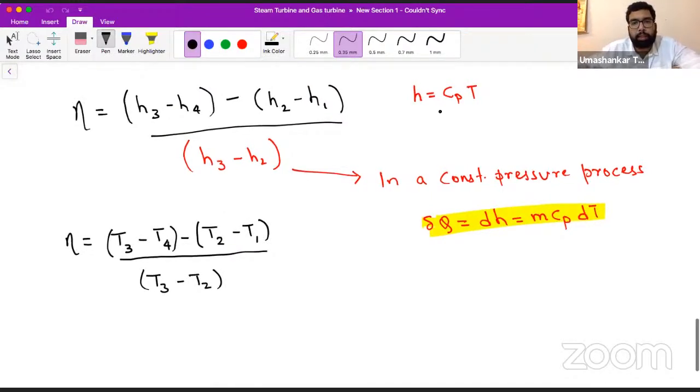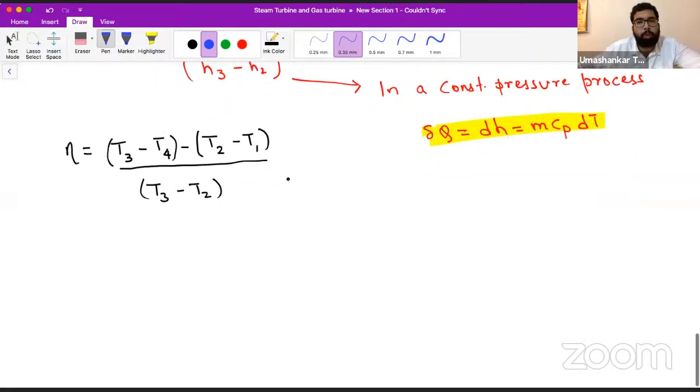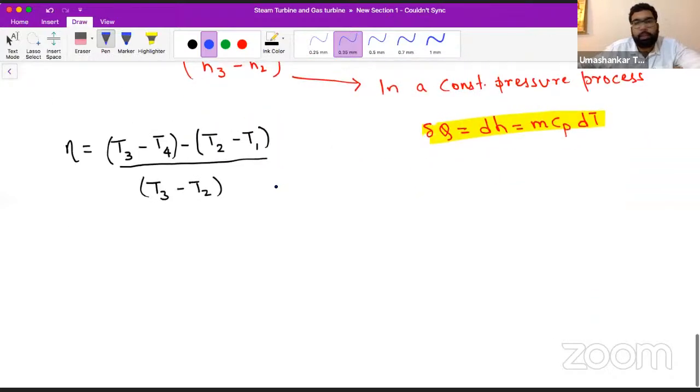Now using the fundamental equation H equals CpT, which we can use comfortably for an ideal gas, we have converted all these enthalpy values in terms of temperature. So from this we can find the efficiency of the ideal Brayton cycle in terms of temperature.